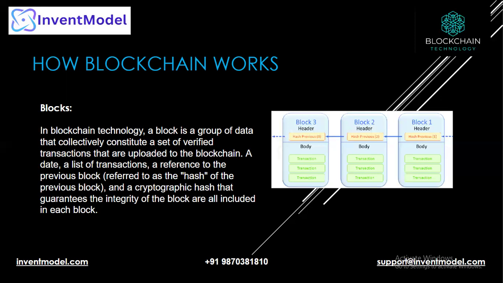So a block has three parts: the header, the hash function, and the body. The header is the name of the block, the hash has the previous hash or the previous location of the block, and the body has transaction details such as date, what transaction is to be done, a transaction ID, and a cryptographic signature. These all are stored in a block.